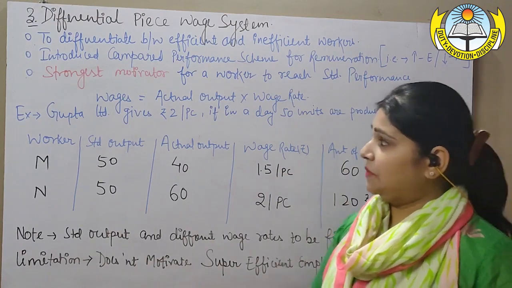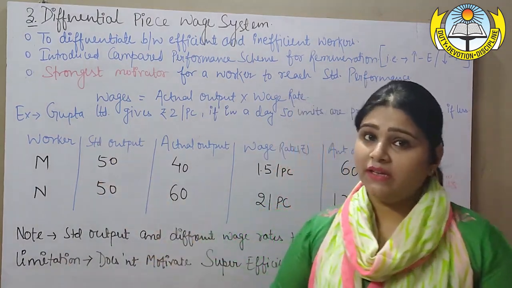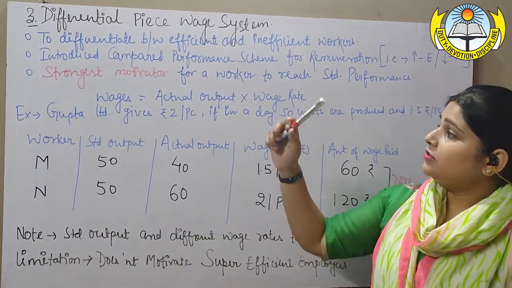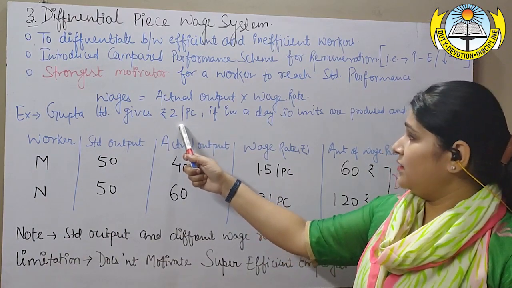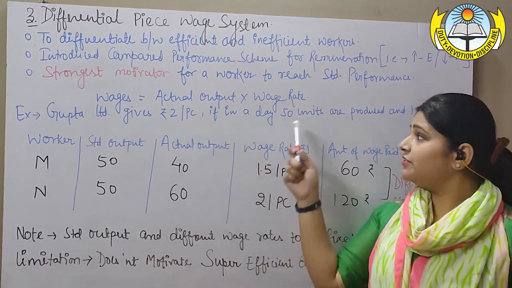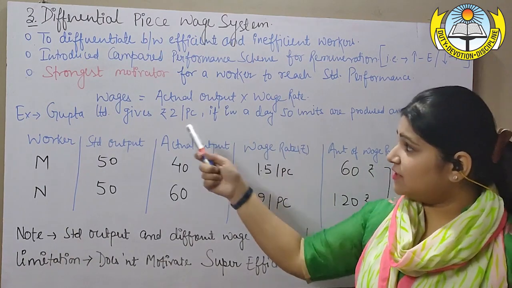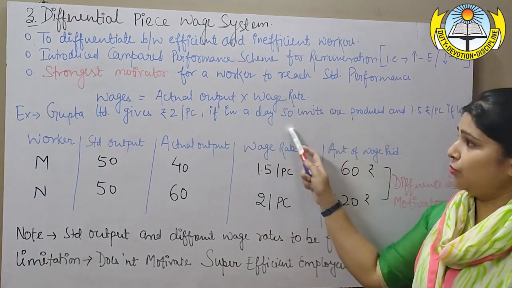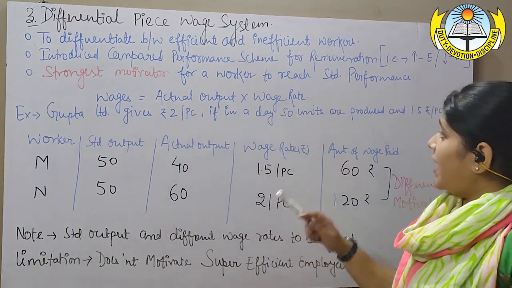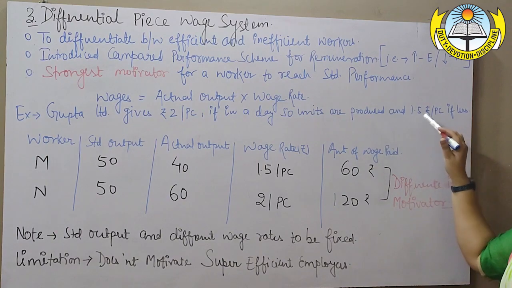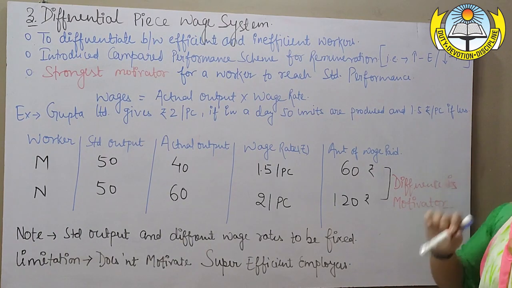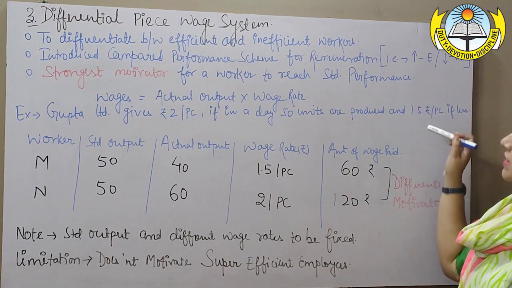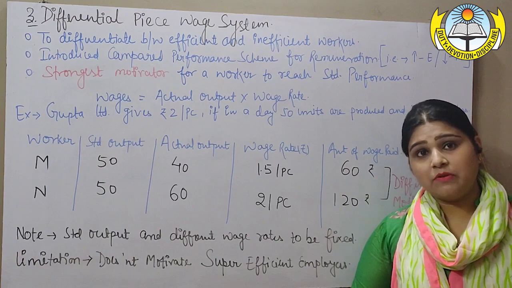So let us take an example: there is a company, Gupta Limited, which has decided that 2 rupees per unit will be given to employees who produce 50 units in a day. This makes the standard wage rate and standard output. This is for the efficient employee. And if they produce less than that, then 1.5 rupees per unit will be paid. That is, this wage rate is for inefficient employees, those who are not able to achieve the target.